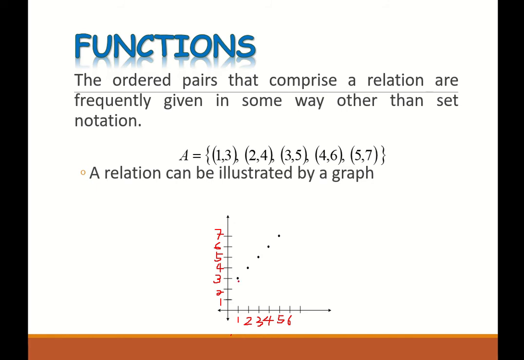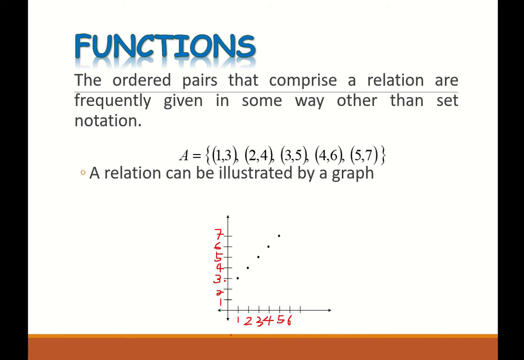Alright, so this point corresponds to 1 and 3. So it means that 1 here is the distance from the origin towards this point, and 3 is the distance going up.